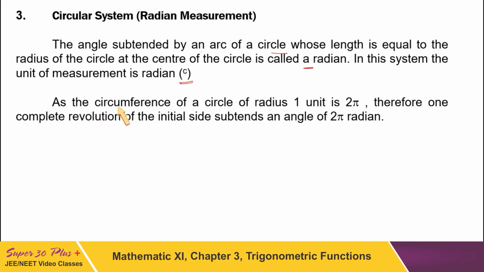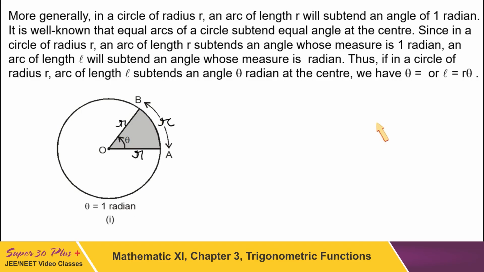As the circumference of a circle of radius 1 unit is 2 pi, therefore one complete revolution of the initial side subtends an angle of 2 pi radians. Students, more generally, in a circle of radius r, an arc of length r will subtend an angle of 1 radian.